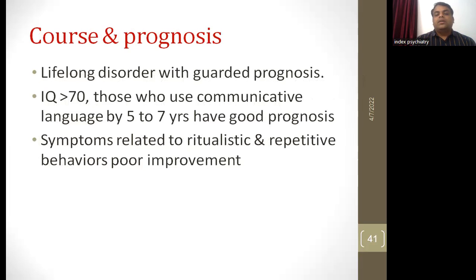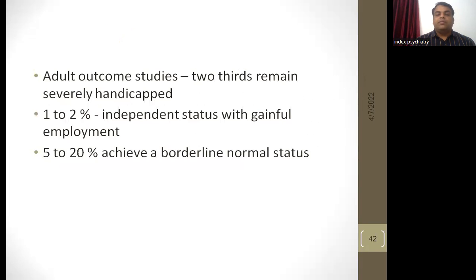Those who use communicative language by 5 to 7 years have good prognosis. Symptoms related to ritualistic and repetitive behavior show poor improvement. Adult outcome: two-thirds remain severely handicapped, 1 to 2% achieve independent status with gainful employment, and 5 to 20% achieve borderline normal status.